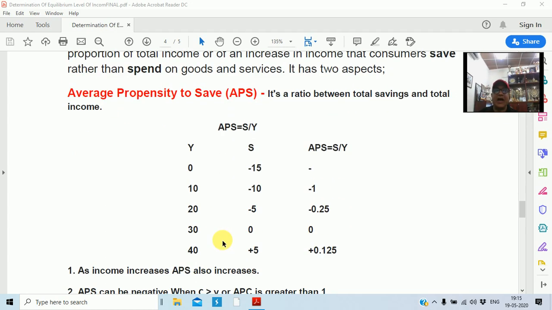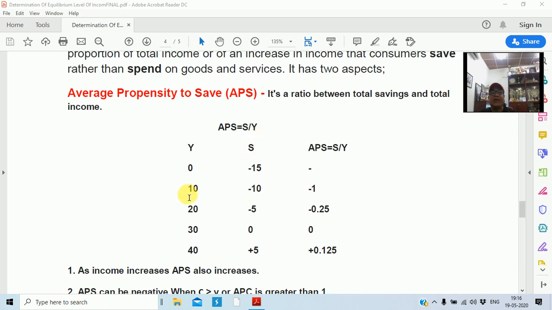Here is the example of how we calculate APS, the way we calculate APC. APS is equal to the ratio between total saving and total income. Here in this schedule, we have got income and saving and we have calculated the APS. First case, S is minus 10 and Y is 10.